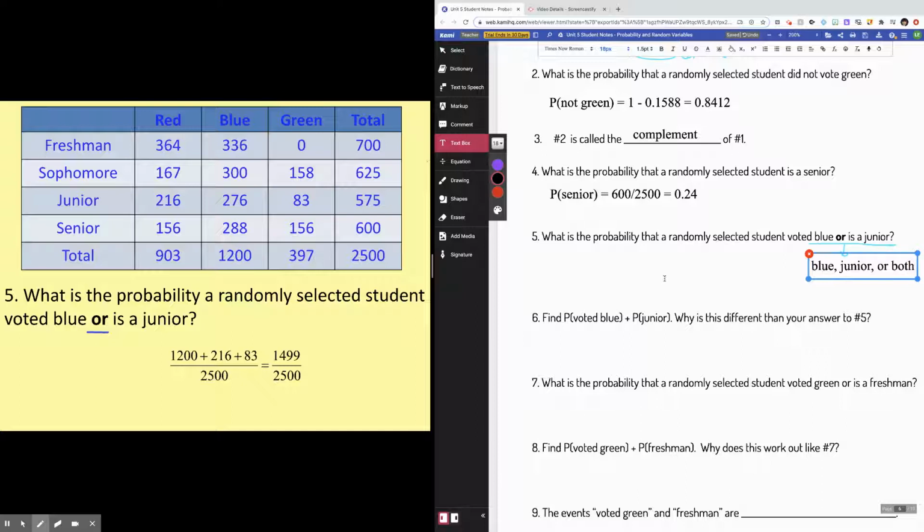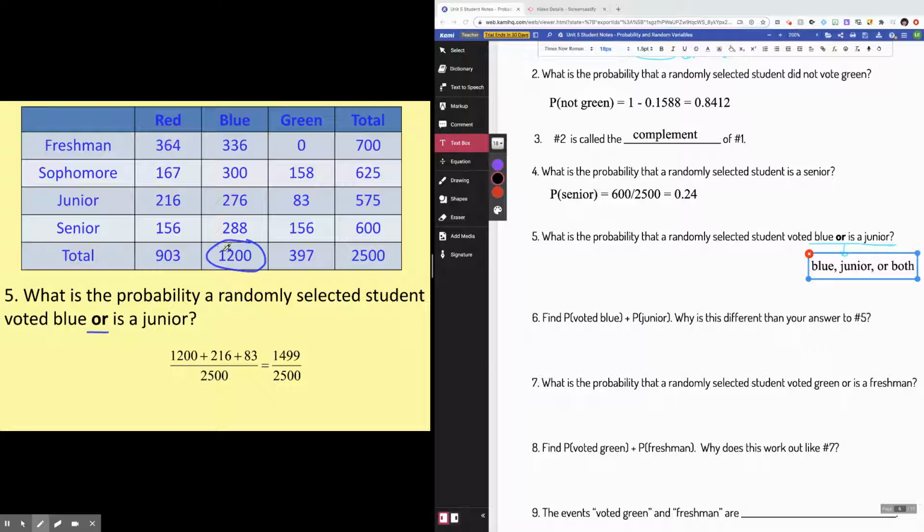Okay, so there are a couple of ways that you could look at this, right? So I could look at my two-way table, which is what you see here on the slide, and say, okay, there's 1,200 students that selected blue.